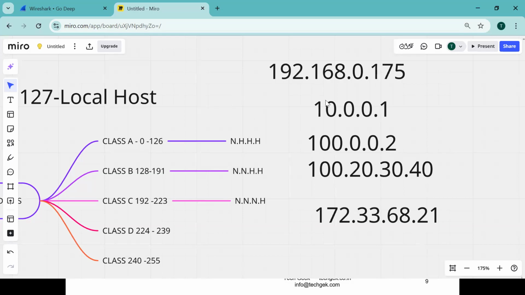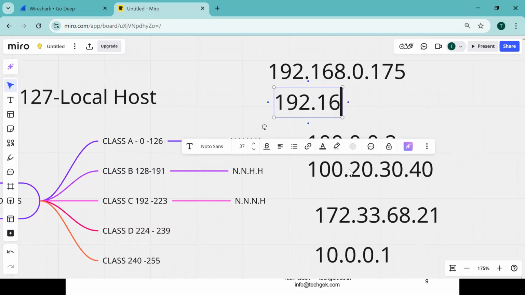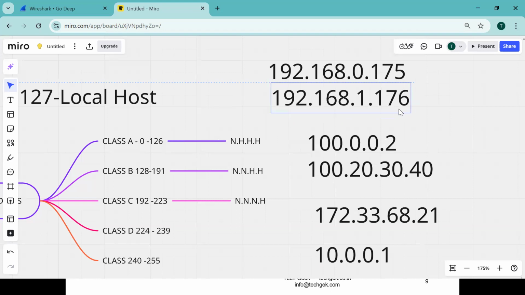Here we can see this IP address, and I want to write one more IP address. Let's say 192.168.1.176. Can you tell me if they belong to the same network or a different network?